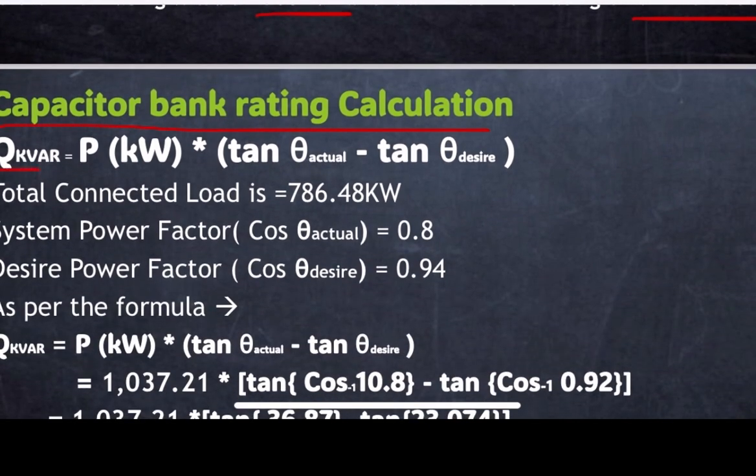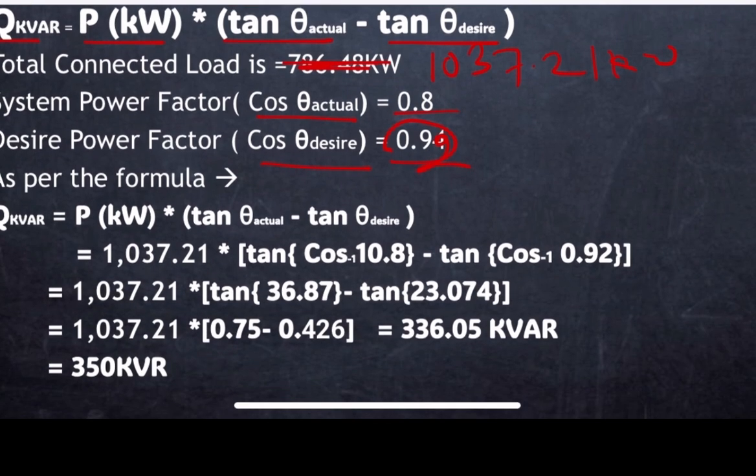We know the formula Q = P total connected load × (tan actual − tan desired). The total connected load is 1037.21 kilowatt. Our actual power factor is 0.8 and we need to improve the power factor to 0.92.